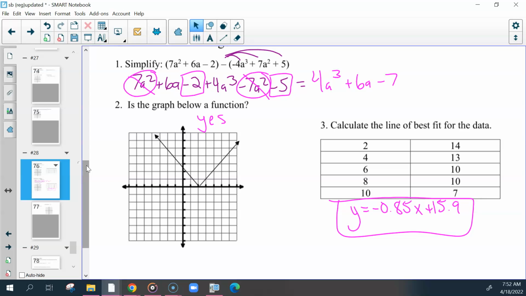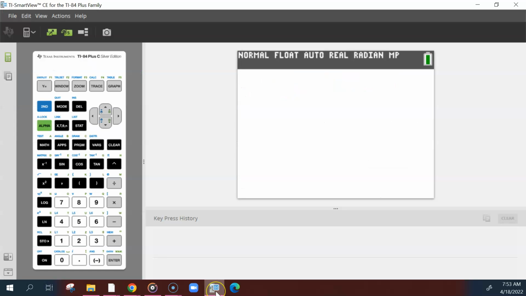Number 3 is something we haven't done in a while. I'm going to go back through this. Put these values in our calculator. If you didn't do this before, it's okay if you don't do it now.